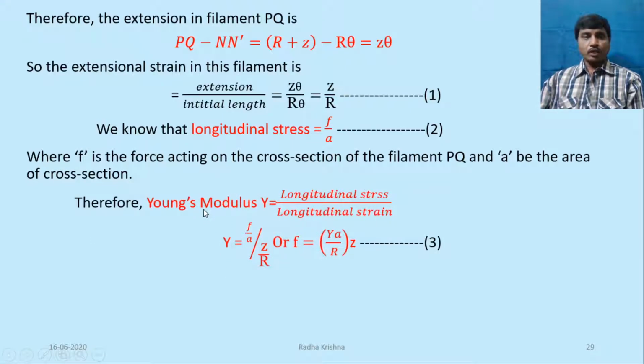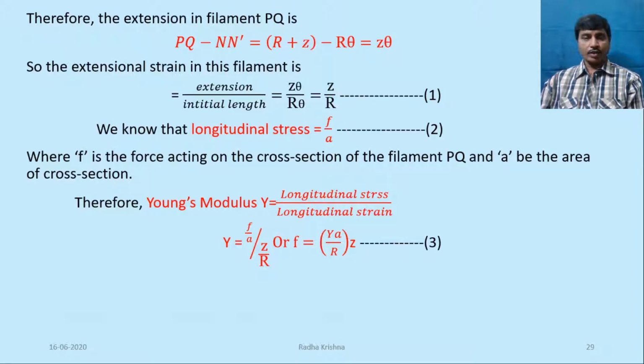Now, the Young's modulus Y of the material of the beam is Y is equal to longitudinal stress by longitudinal strain. Therefore, Y is equal to F by a by Z by R, or F is equal to Y into small a by capital R into Z. Here, F is the force acting on the cross section of the filament.